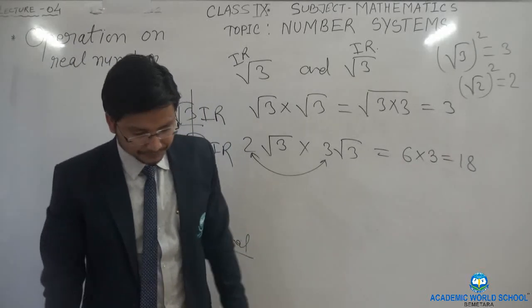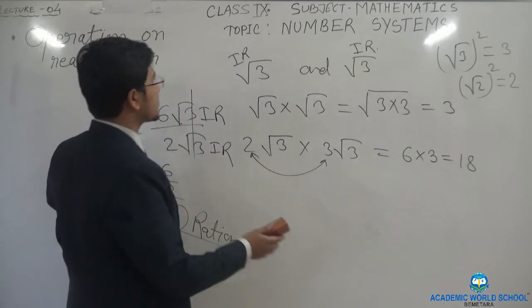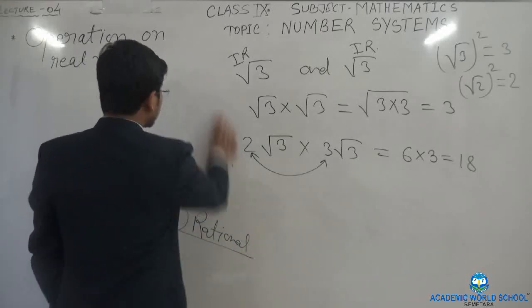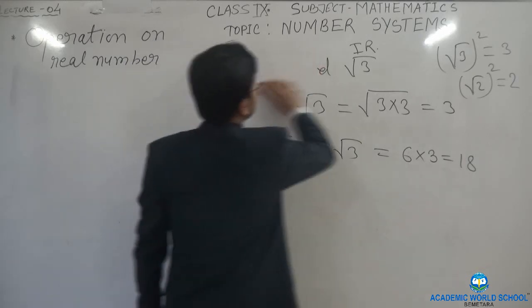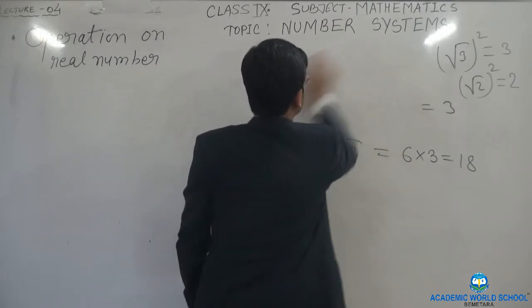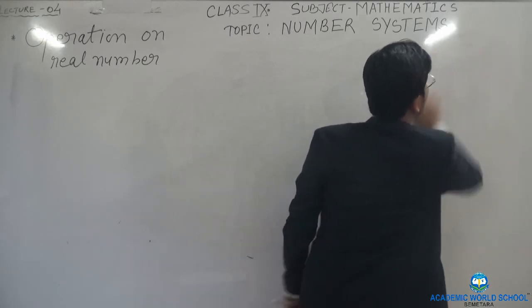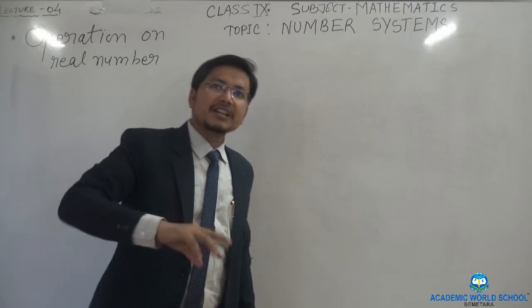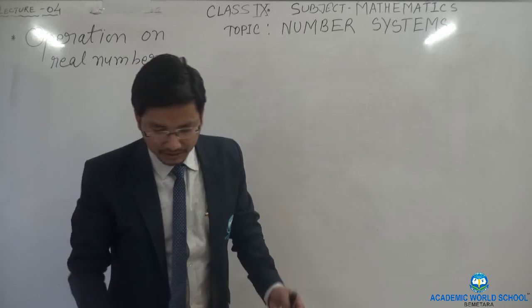So now, the sum of two irrational numbers can be rational or irrational. The difference of two irrational numbers can be rational or irrational.